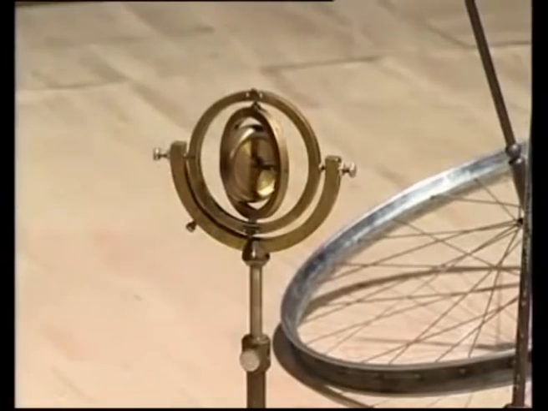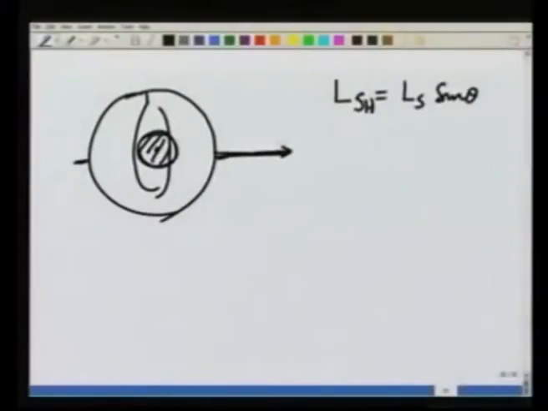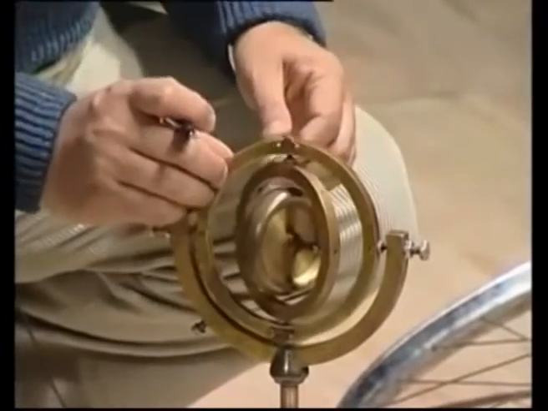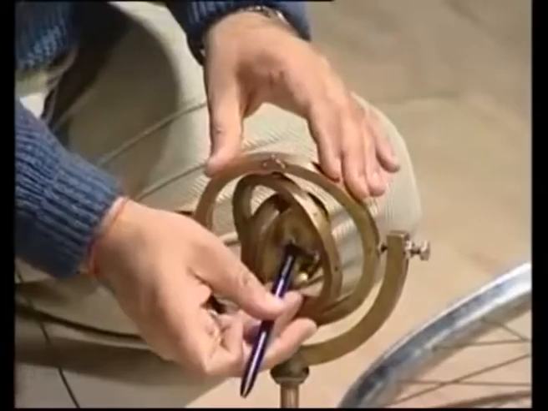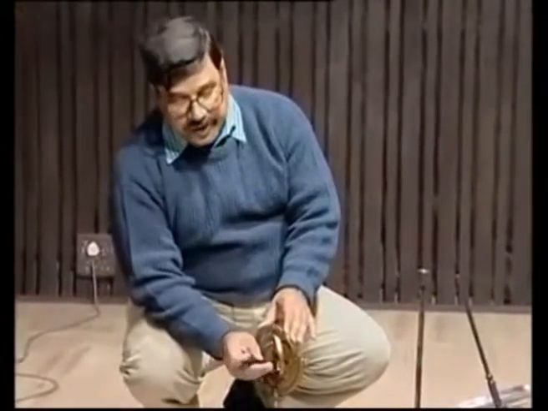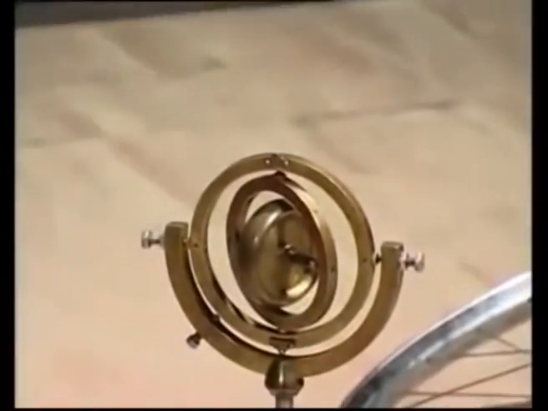Ls sin theta, if this theta is very small, is going to be roughly equal to Ls theta. Now, when I give the outer frame a rotation, you see this component changes. This component develops a delta L in this direction. And how much is that delta L?